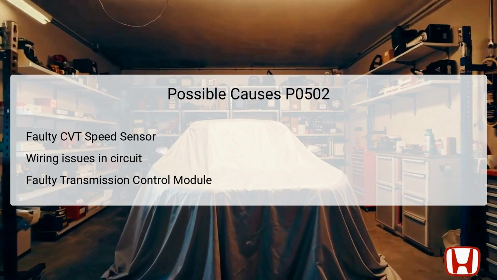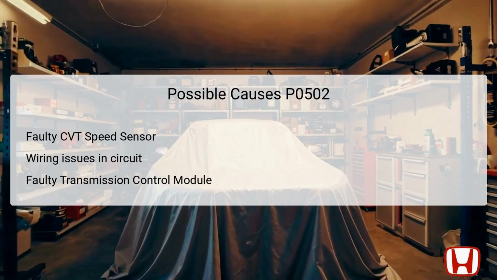Several possible causes can lead to the activation of DTC P0502. A faulty CVT speed sensor might not function correctly, failing to send the necessary speed signal to the TCM. This could be due to internal sensor damage or degradation over time. Secondly, wiring issues within the circuits connecting the CVT speed sensor to the TCM could also result in an open or short circuit.